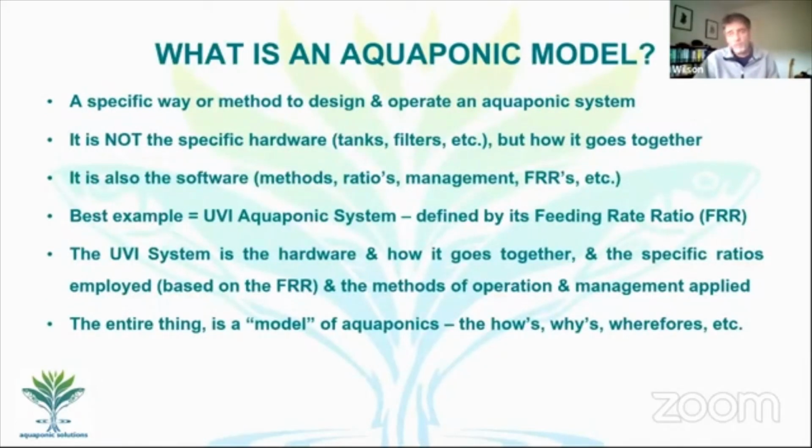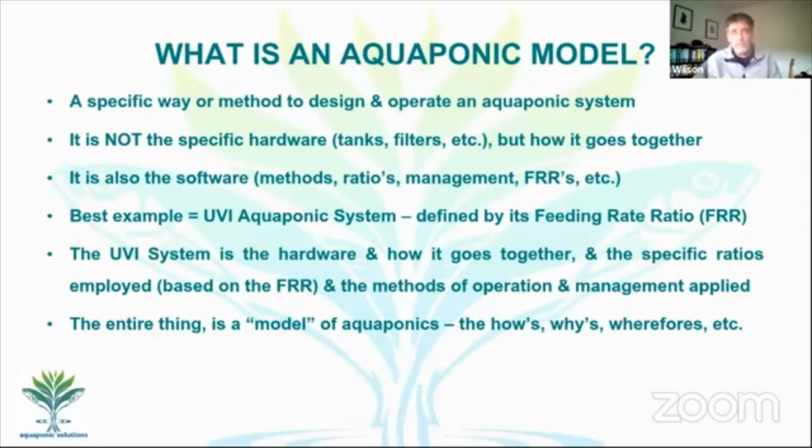So I developed a model, and the first thing that comes up is what is an actual model? So a model in a scientific sense is a specific way or method to design and operate something. In a controlled agriculture sense, it's a specific way or method to design and operate a closed environment, closed culture aquatic system.